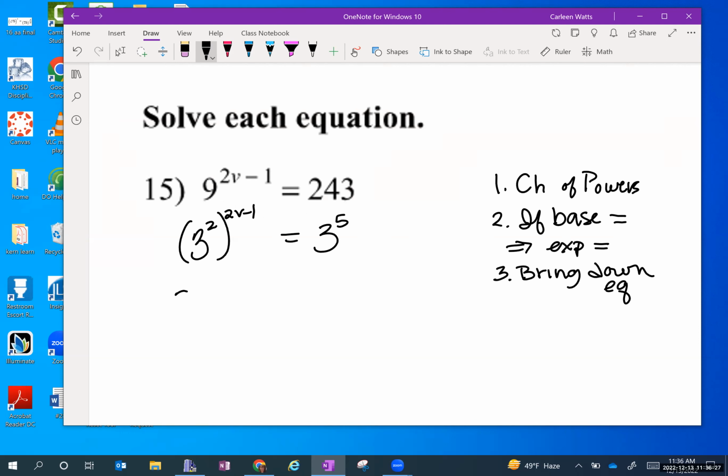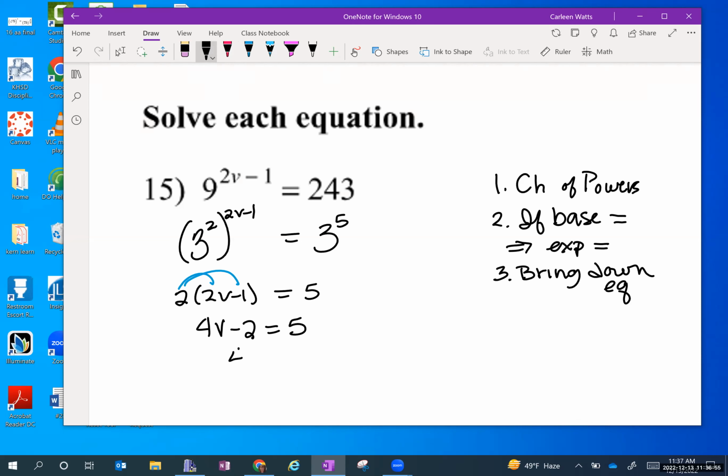So the equation is 2 parentheses 2v minus 1 is equal to 5. Now we're going to distribute. 4v minus 2 is equal to 5.